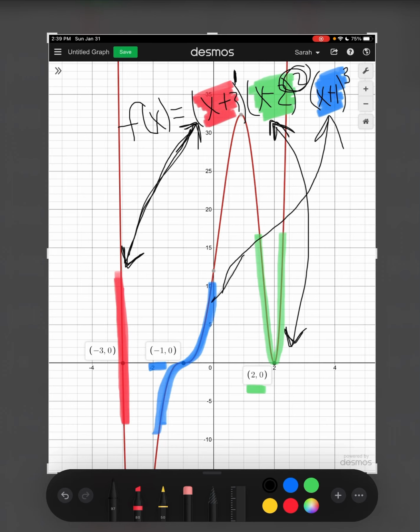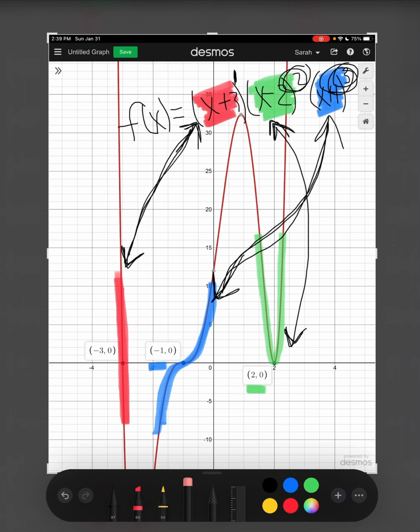And where we have this sort of little curvy shape, the factor that gave us that zero has an exponent of 3. So multiplicity is really talking about the fact that we have factors that are repeated. And at each of these repeated factors, the graph is going to behave differently.